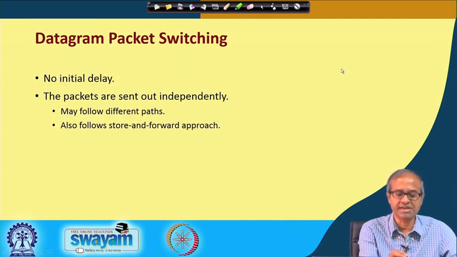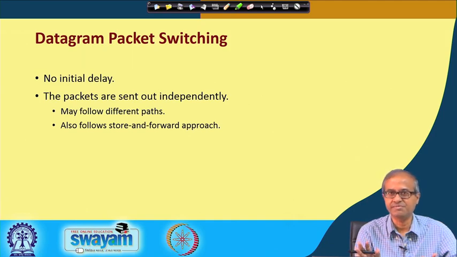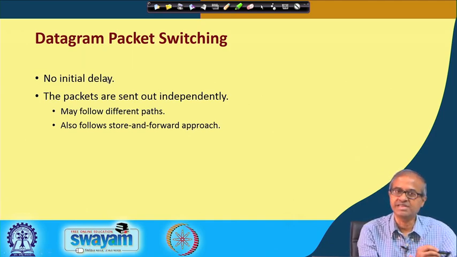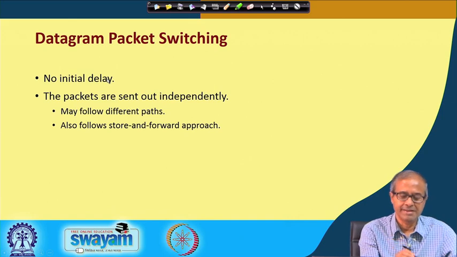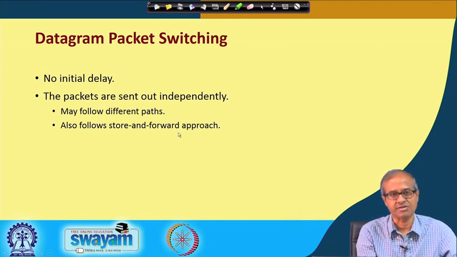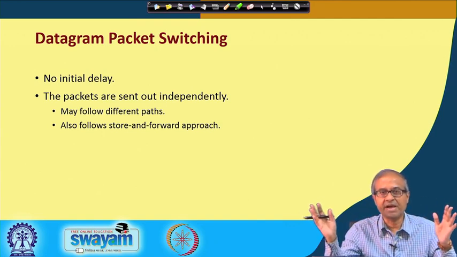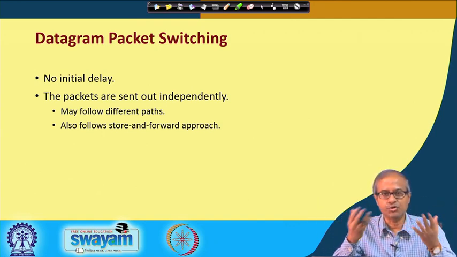Now, talking about the datagram packet switching, because there is no connection establishment phase, so there is no initial delay. Okay. The packets are sent out independently, may follow different path, and this also follows store and forward concept. But if the number of packet is very large, then the total time required here may be more as compared to virtual circuit.